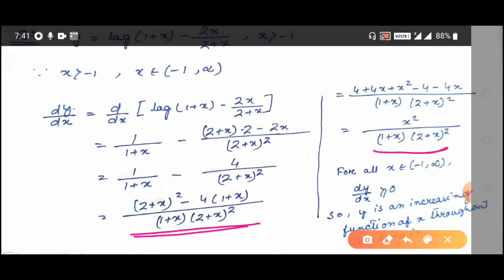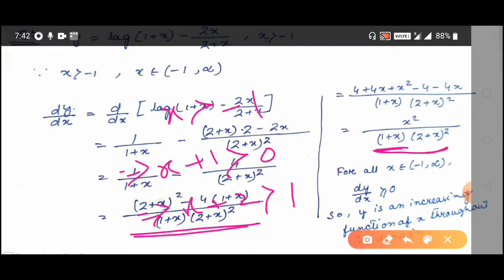Now since x is greater than minus 1, from here we will get x plus 1 is greater than 0. Since x plus 1 is greater than 0, from here we can also get x plus 2 is greater than 1 by adding 1 to both the sides. Since x plus 2 is greater than 1, x plus 2 whole square is also greater than 0.